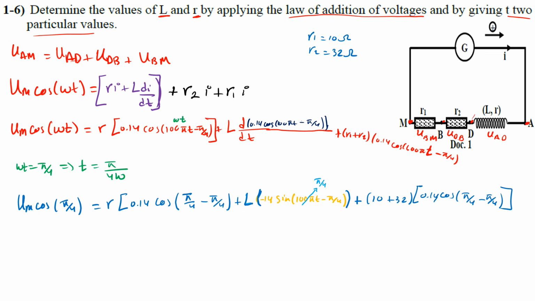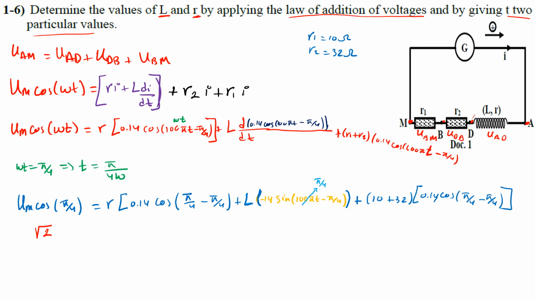I will use a different color for the cosine and sine functions. Cosine pi over 4 is radical 2 over 2. Sorry, we have to fix this. I checked it, it was 10. So this one is not 5, it's 10.